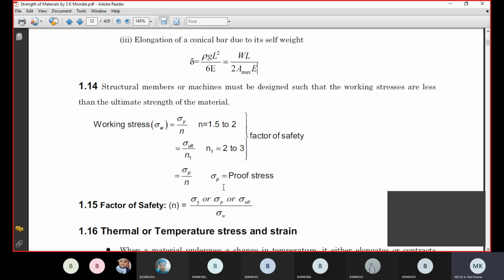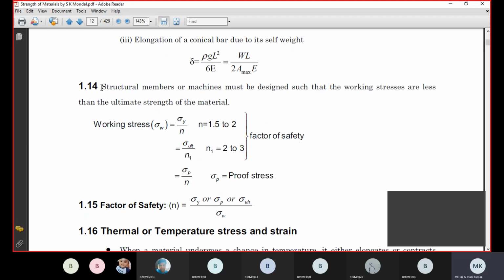Now coming to factor of safety. Structural members or machines must be designed such that the working stresses are less than the ultimate strength. That is what we relate to the term factor of safety. We have to design any structural member so that the maximum operating stress will not go beyond the ultimate stress, or even beyond yield stress.